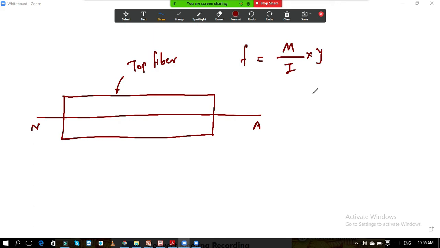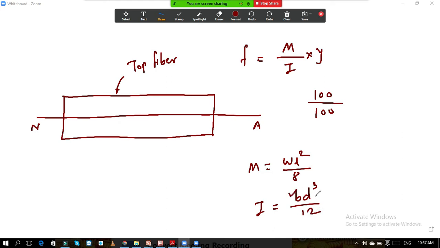Suppose the value of bending moment is 100 and I, the moment of inertia, is also 100. Now the value is not changing. M, the bending moment, depends on the formula; if it is simply supported, then it is WL square by 8. I is the moment of inertia; if it is a rectangular section, then it is BD cube by 12. B is constant, D is constant, so this value is not going to change.